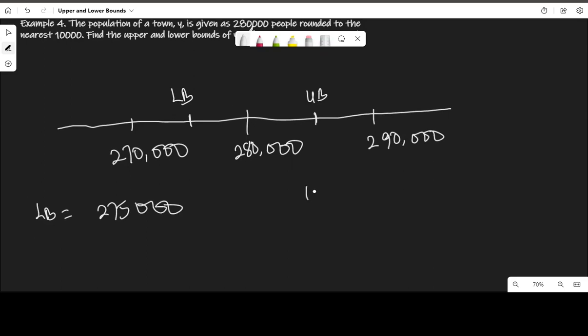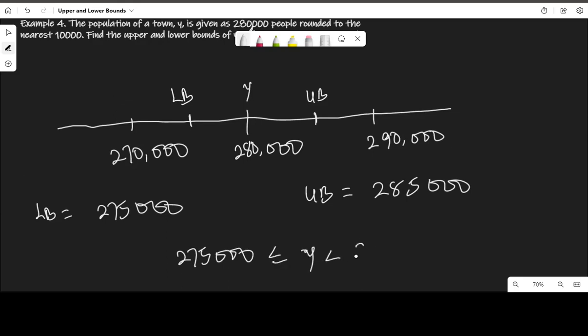Then the upper bound, 280 plus 290 divided by 2, is 285,000. Then using Y, according to the question, 275,000 is less than or equal to Y, and Y is less than 285,000.